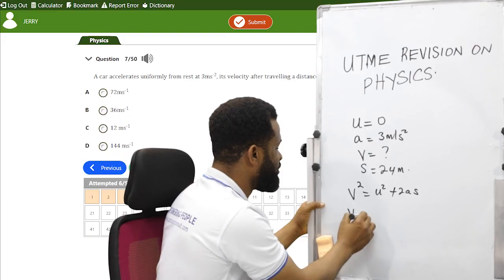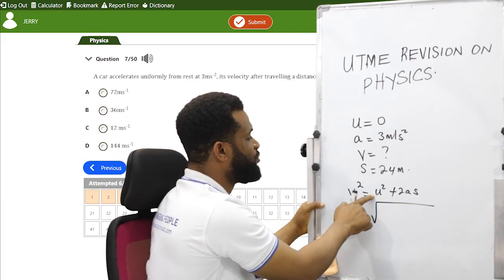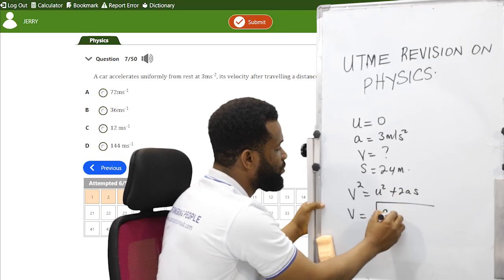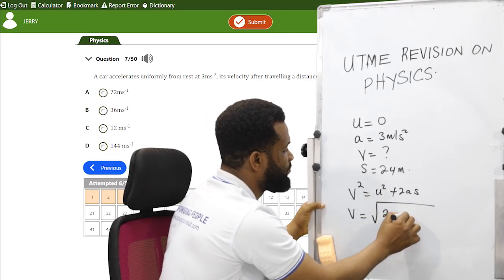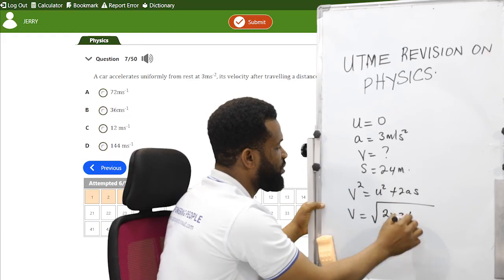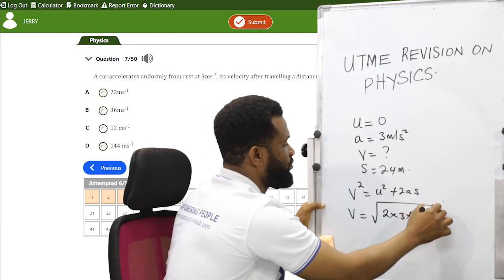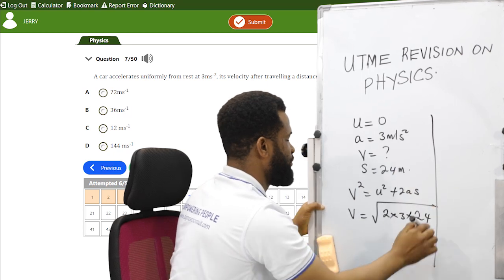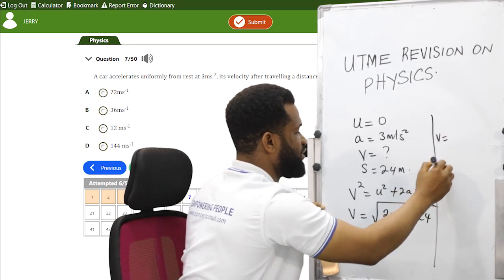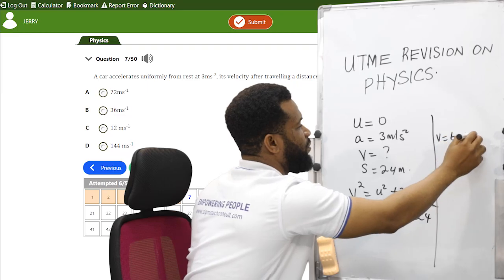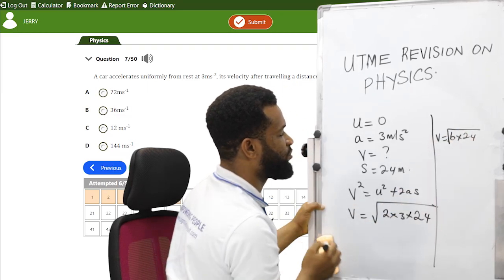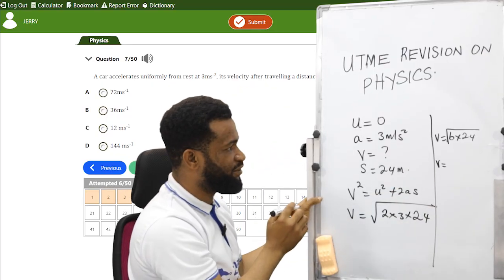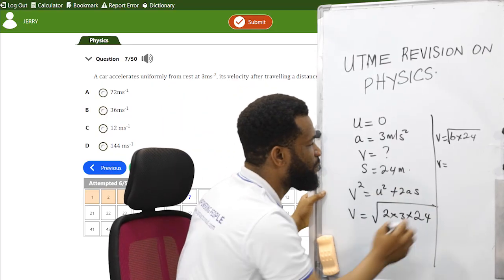So this v is going to be the square root of, u is 0, so u is not part of it. So you have 2 times acceleration, which is 3, times s, which is 24. So v is going to be the square root of 6 times 24, and 6 times 24 is 144.